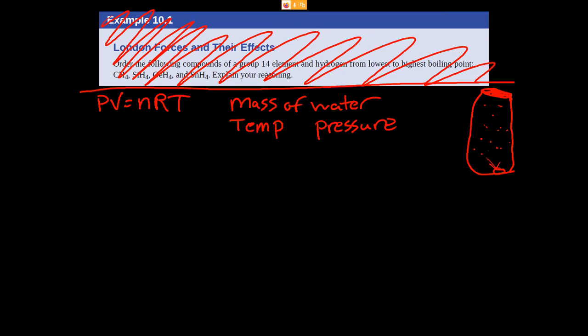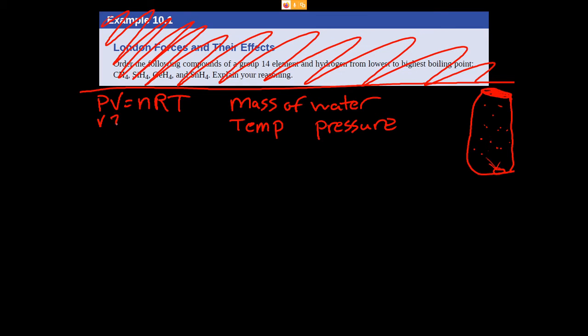And so what you're going to have to do is take the information that's given to you, and find the pressure, which is pretty much just given to you in the problem, because the pressure that you're given in the problem you can just plug in as P here in the equation.